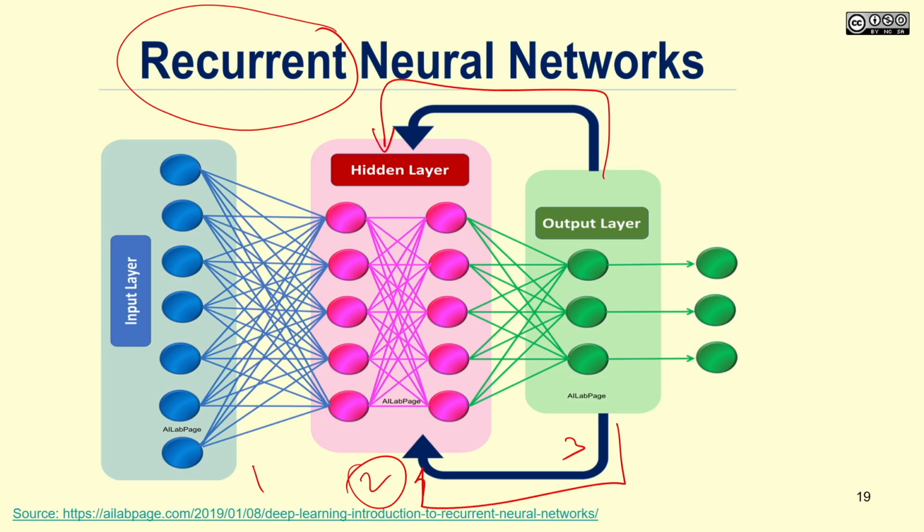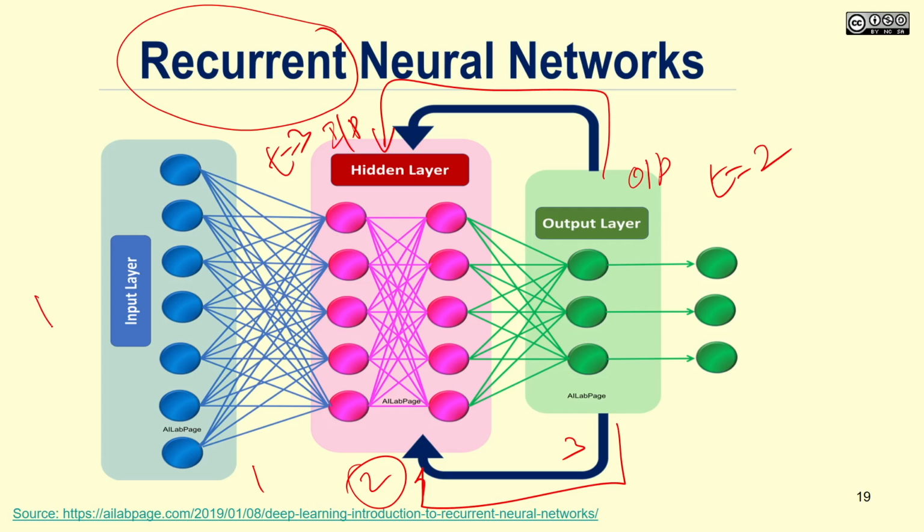This feedback connection presents the output as one of the inputs. The output at time t equal to 2 will be presented as an input at time t equal to 3.